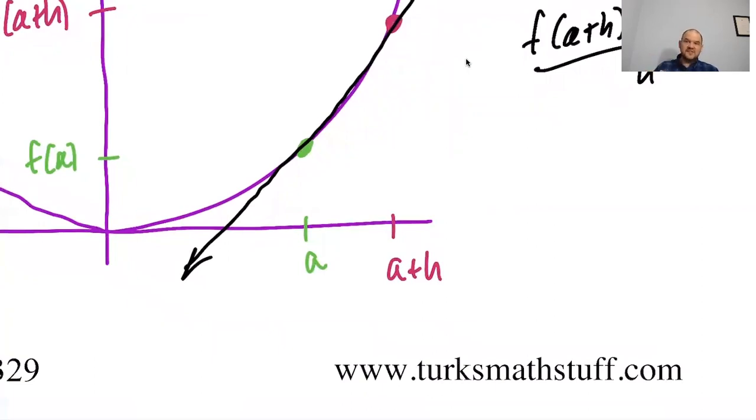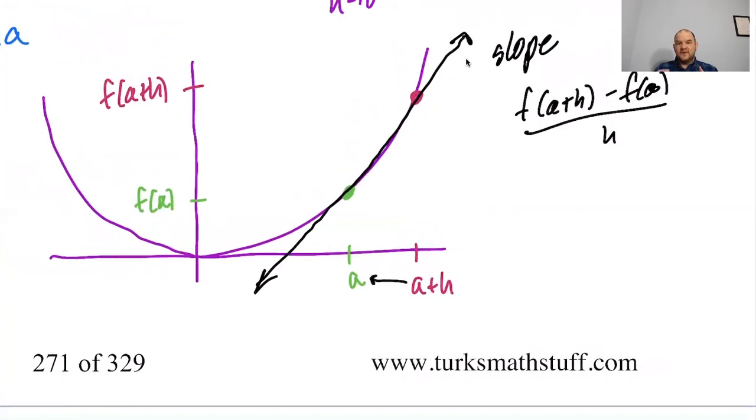If h approaches 0, that just means that this point moves closer and closer to that point. And ultimately, you'll get to exactly when h is 0. And when h is exactly 0, this little secant line, which is what we've been dealing with, a line that goes through 2 points, becomes a tangent line. And this would be our tangent line.